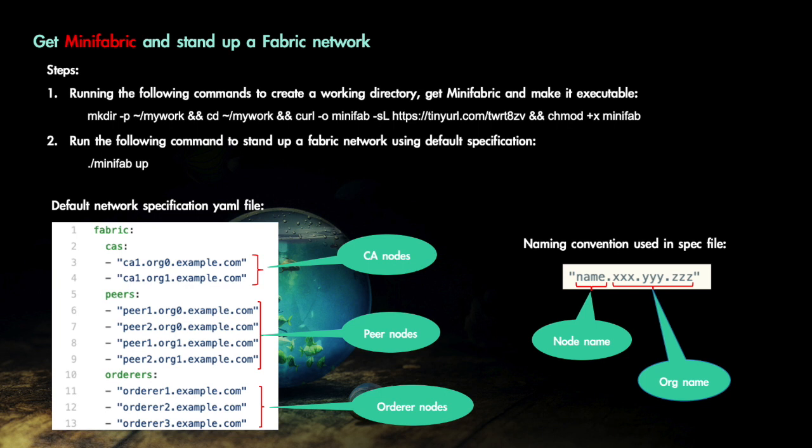As you can see on the left-hand side, Minifabric uses a YAML file for you to specify what kind of Fabric network you like to stand up. In each section, you can have more or less entries. Each entry represents a node. Each entry must use the dotted notation to name a node and its belonging organization. The first part of an entry is the node name.